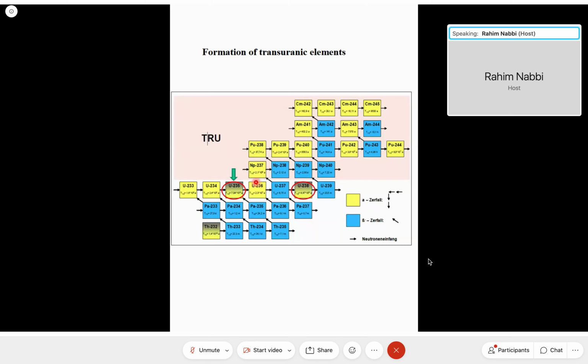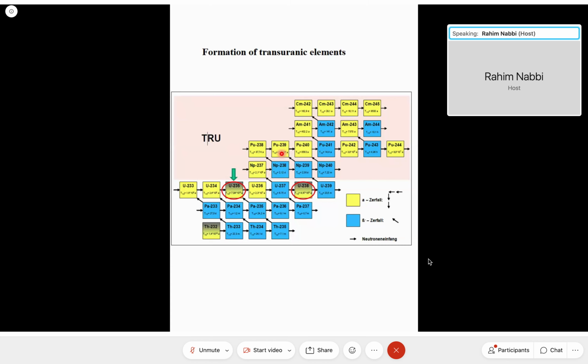In this path, neptunium-238 goes to neptunium-239 by absorption of a neutron, and it is a short-lived actinide and goes to plutonium. That means we have two paths to come to plutonium-239, which is now a fissionable material.